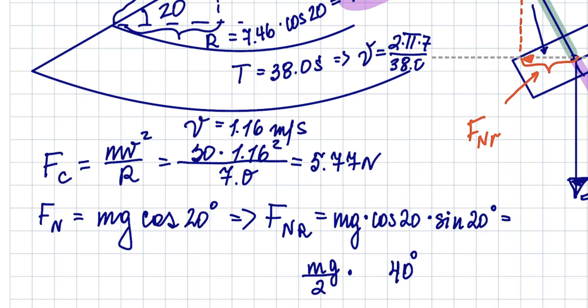Because the sine of a double angle is 2 times sine times cosine of half the angle. So there will be sine of 40.